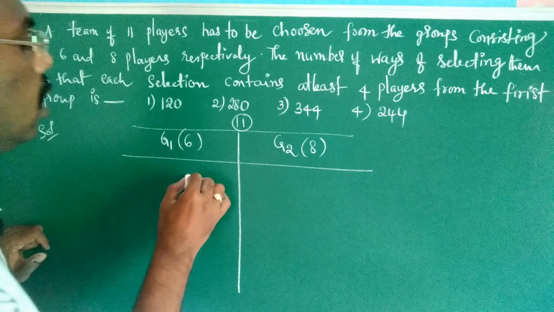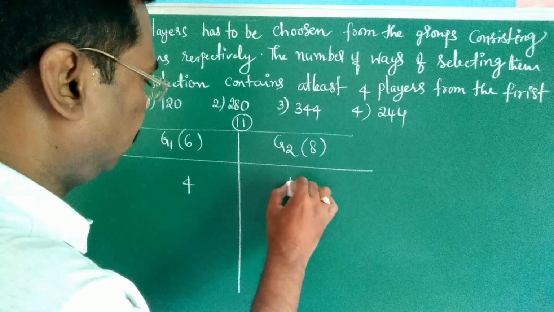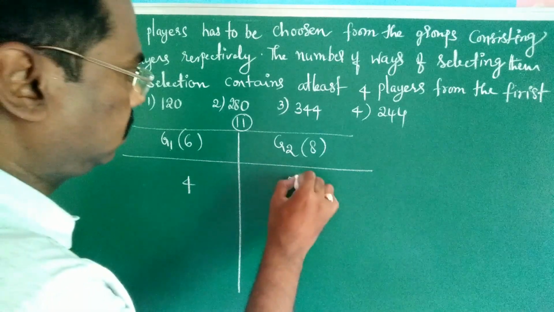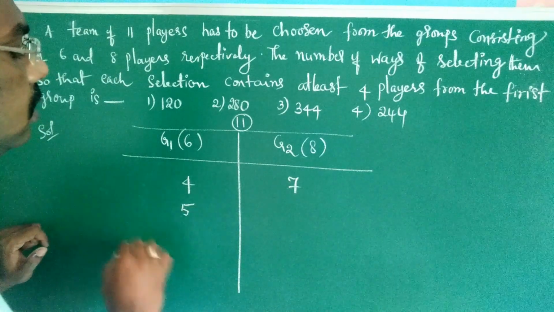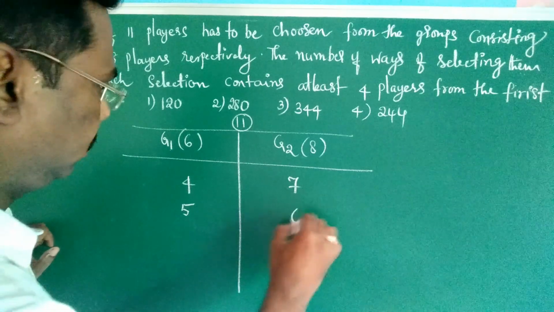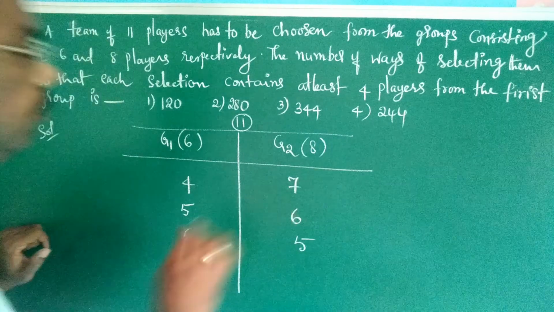Selecting 4 players from group 1 means 7 from group 2. Selecting 5 means 6 from group 2. Selecting 6 means 5 from group 2.